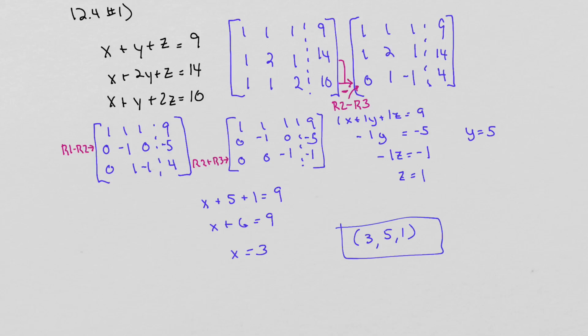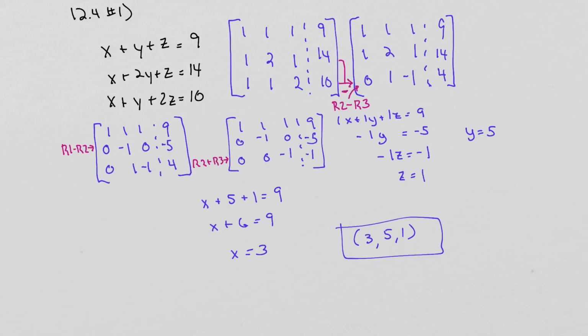So when you're working with matrices, all you're doing is leaving out the variables and the equal signs and the plus signs. And then you're working row operations, which is adding or subtracting two rows, or you can multiply a row by a constant before you add or subtract.